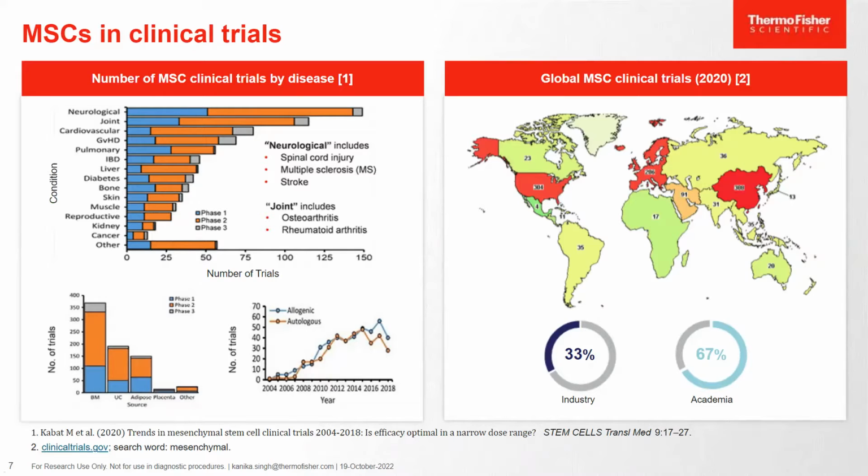So, with this data, it is pretty clear that MSCs have been used in an accelerating manner in translational research, and it is very important to provide precise culture conditions for their growth and proliferation.